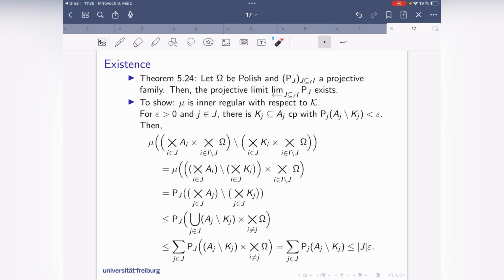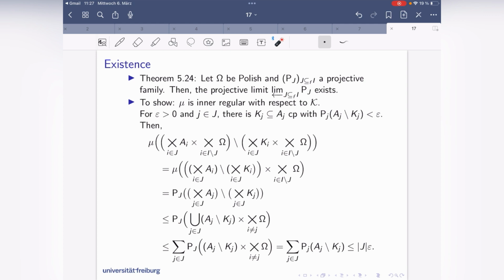So we have to see if we find K, which is of this form, such that mu of this set without this set being a subset of the set A, is less than epsilon. Okay, it's J times epsilon, but J is a finite number and it's fixed in all the calculation. So I could also have used a different epsilon here and go through the calculation again in order to have an epsilon here, but I don't do this now.